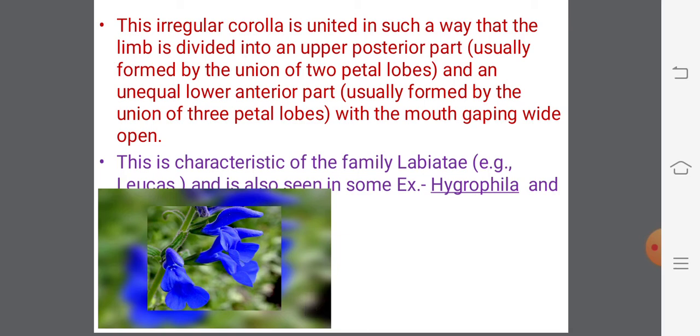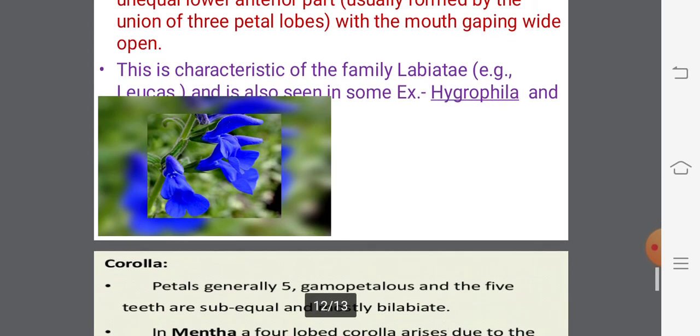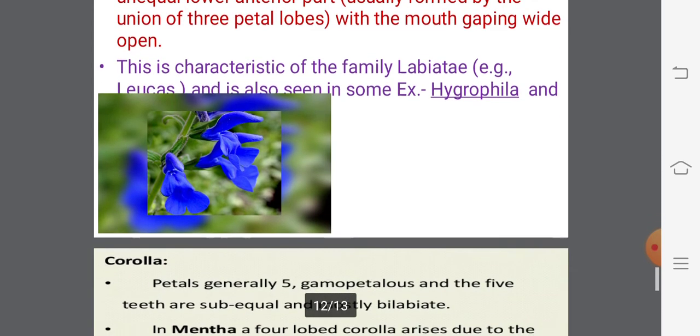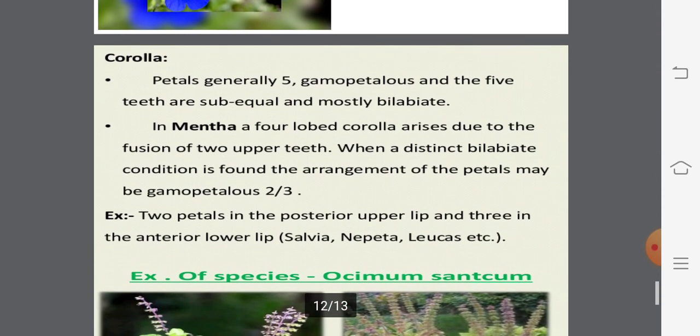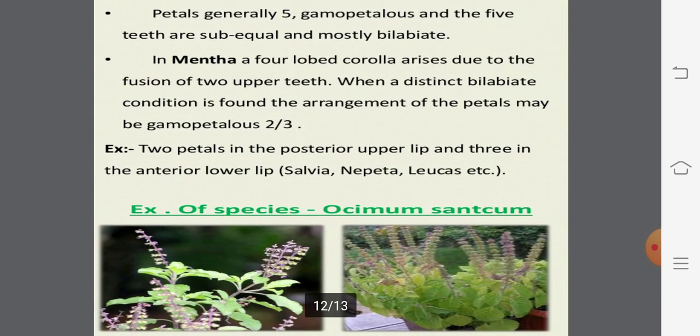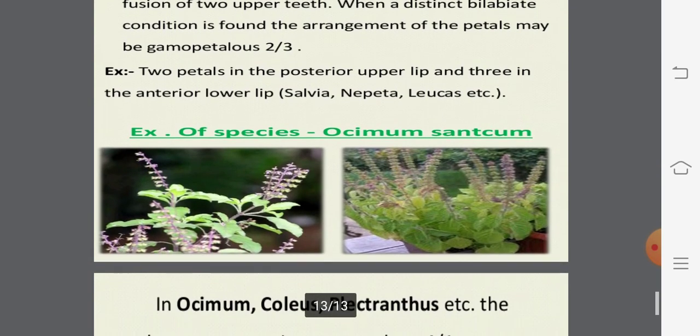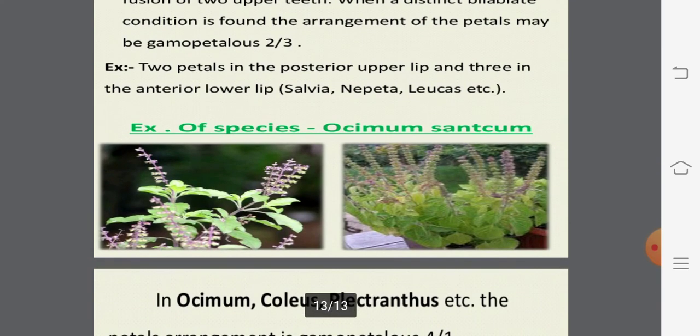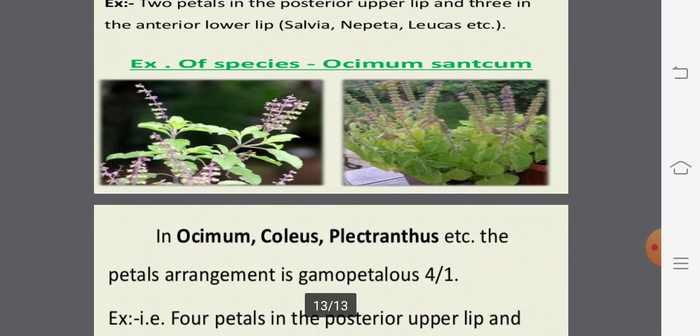This is the character of the family Labiatae, which is now called Lamiaceae. Other members include Mentha, called Pudina in Marathi. It also shows 2 and 3 petals. Good examples are Salvia, and here you are observing Ocimum, tulsi.